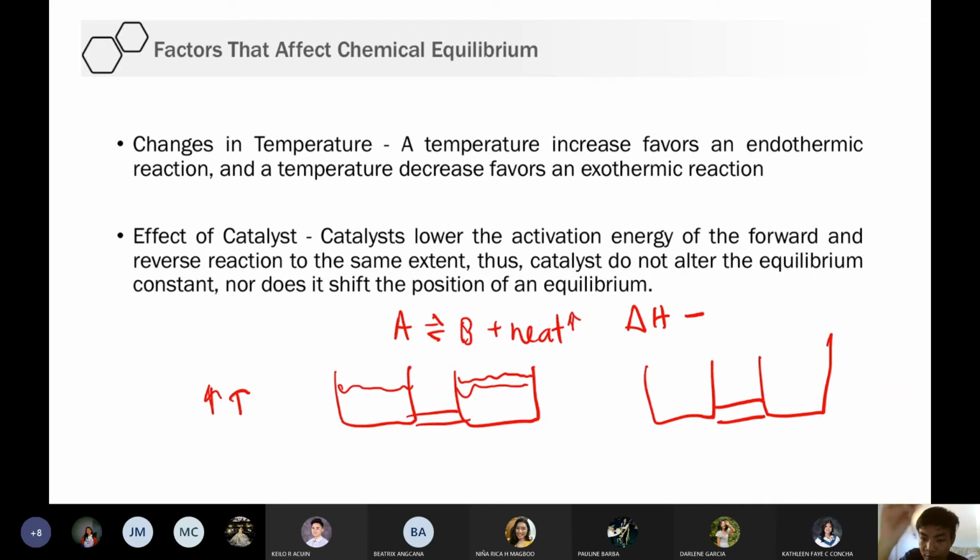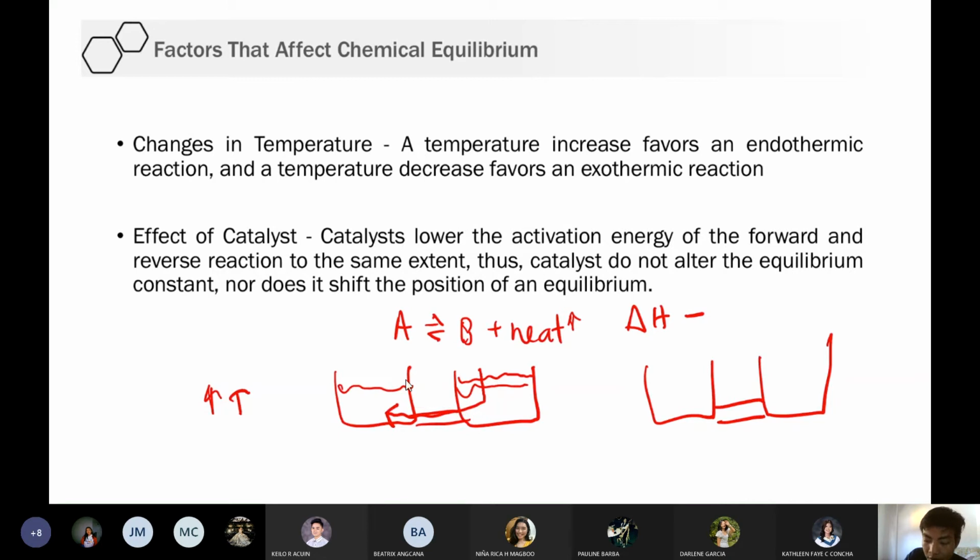So an increase in temperature for an exothermic reaction will push the reaction to the left, because you increase the concentration of your products. So the reaction will proceed to the left.